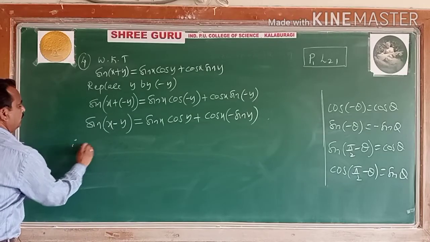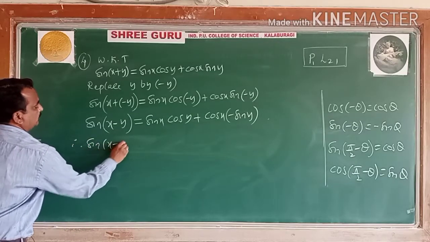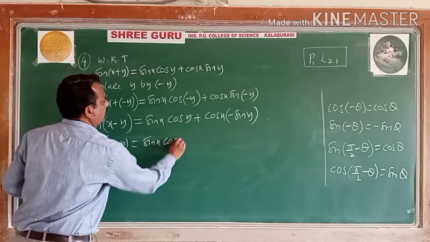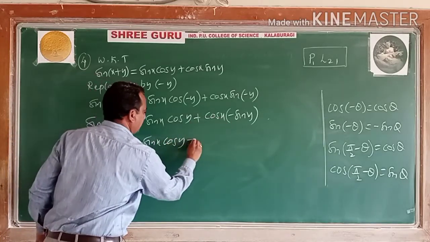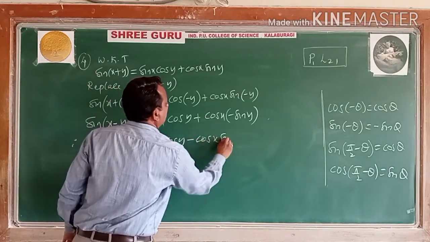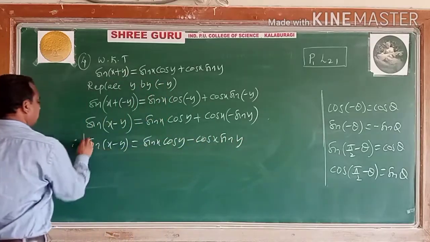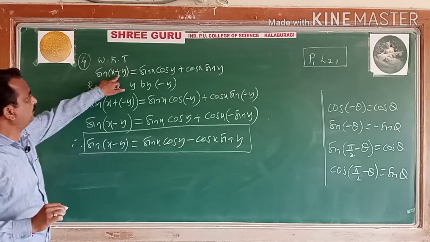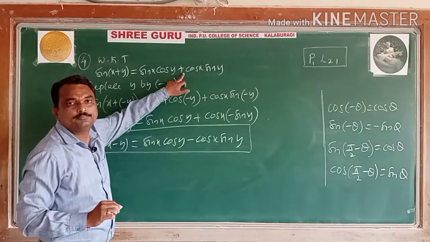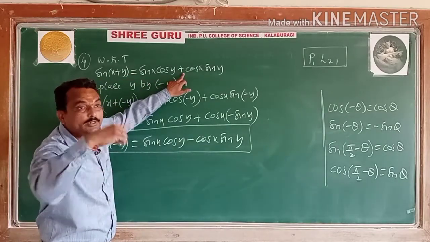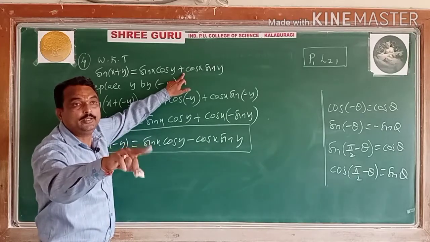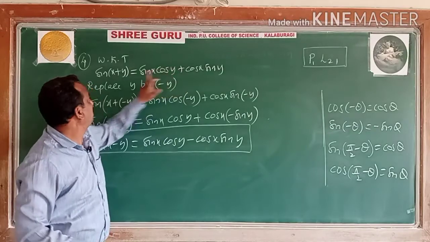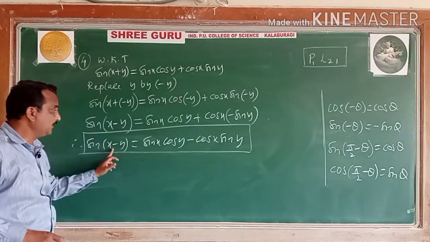So therefore sin of x minus y is equal to sin x cos y minus cos x sin y. See, students, compare these two formulas, the sum and difference formulas. In cos, for cos of x plus y it is cos x cos y minus sin x sin y, the opposite sign. But here, the same sign appears for the sin sum and the sin difference.